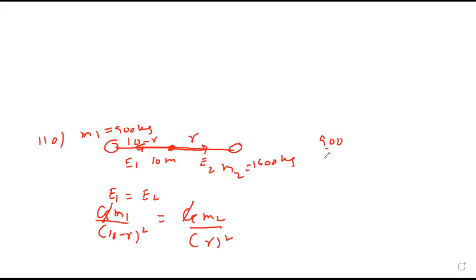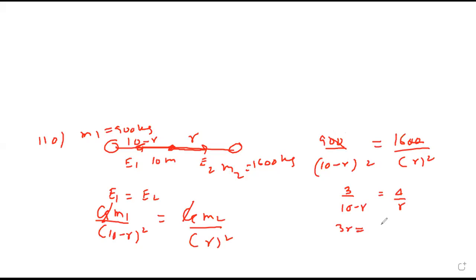So 900 upon (10 minus r) whole square equals 1600 upon r square. Cancel two zeros, then take square root. 3 upon 10 minus r is 4 upon r. So 3r equals 40 minus 4r. 7r equals 40. r equals 40 by 7. 40 by 7 meter is the distance where the field will become 0. Option A, 40 by 7.